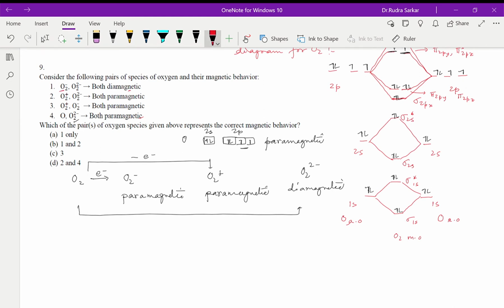O2 minus is paramagnetic, O2 minus is diamagnetic, so this is wrong. O2 plus is paramagnetic, but O2 minus is diamagnetic, so wrong. O2 plus is paramagnetic, O2 minus is paramagnetic, as we can see out here. So this statement number 3 is going to be correct, and that should be the answer.